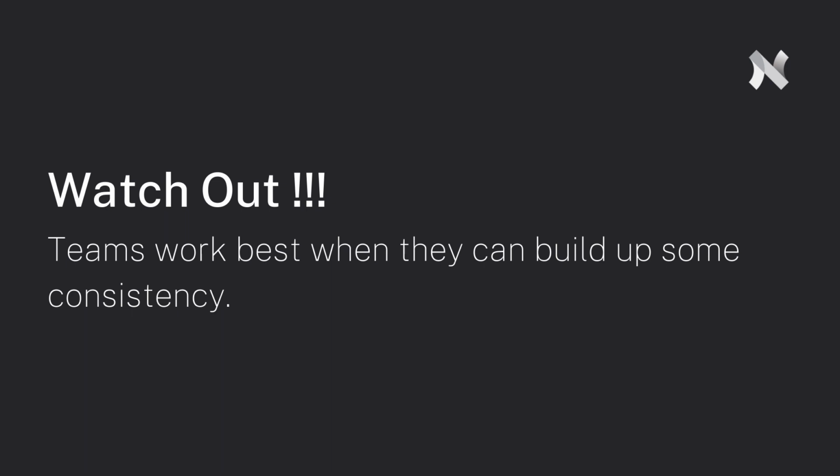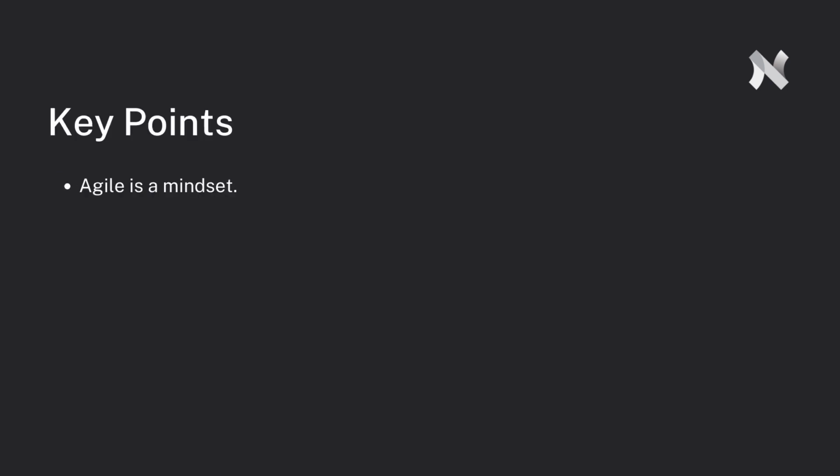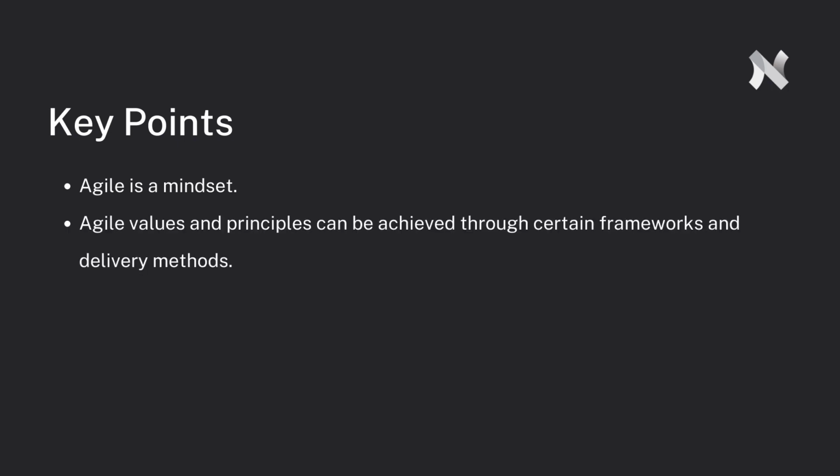Well, that brings us to the end of this video. Let's review the key points I want you to take with you. First, Agile is a mindset, a way of thinking about the project delivery process through the values and principles outlined in the Agile Manifesto. Second, Agile values and principles can be achieved through certain frameworks and delivery methods like Scrum, Kanban, XP, and Lean.